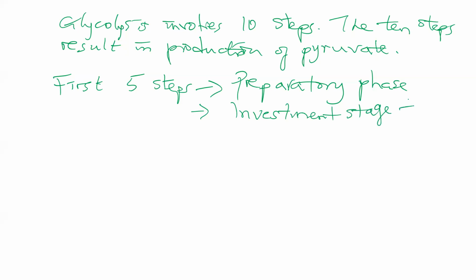In the investment stage, 2 molecules of ATP are invested, or rather used, to cleave the hexose compound, which is sugar.